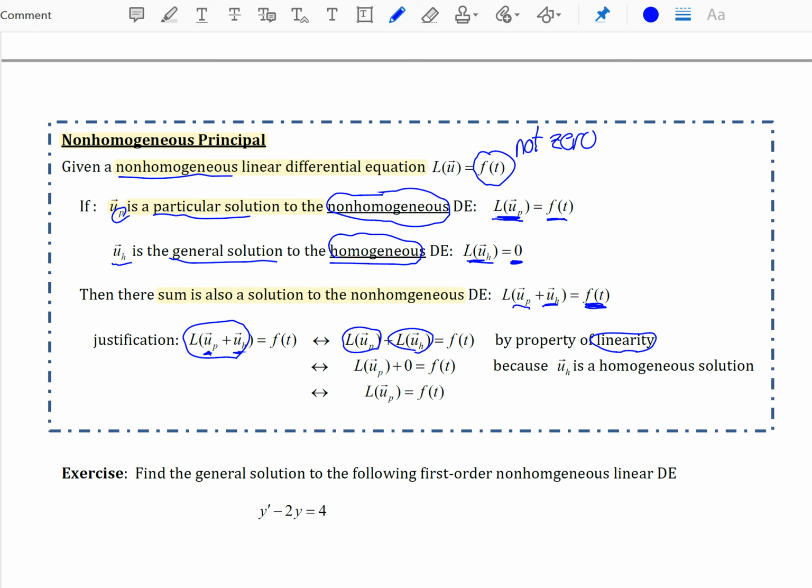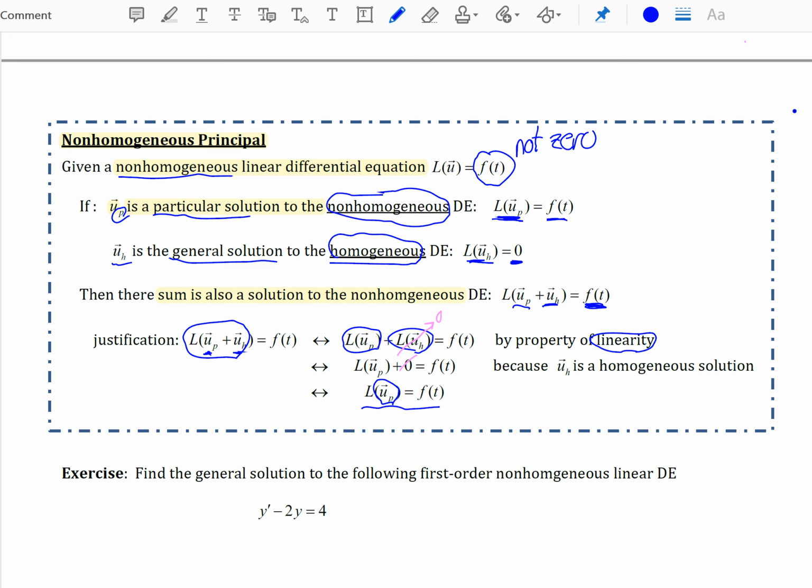It has this linear property that the linear operator of a sum is the sum of your linear operators. And then we also have that L of UH, by definition, is 0 because it's a homogeneous solution. So because that's 0, it goes away. And so we end up with just L of UP equals f of t, which we know it will be because UP is a non-homogeneous solution. So by definition, we already knew that this was going to equal f of t.